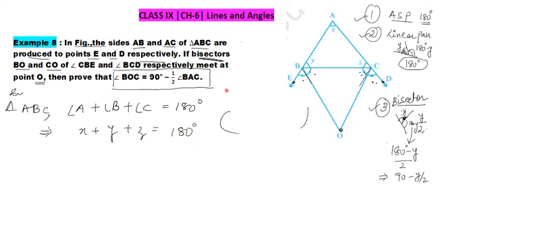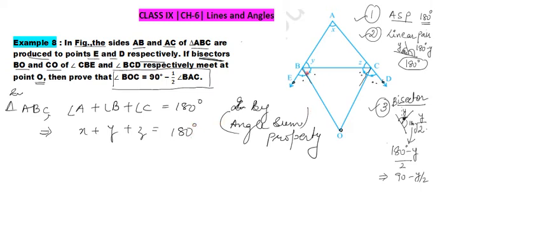And why can I say this? Because ABC is a triangle and by angle sum property, the sum of these three angles will be equal to 180 degree. This is the thing which we have analyzed by looking at the figure.